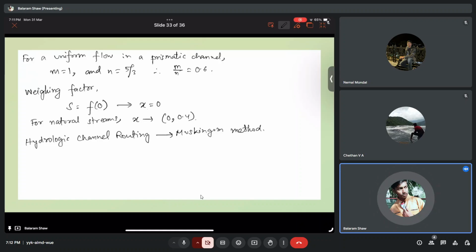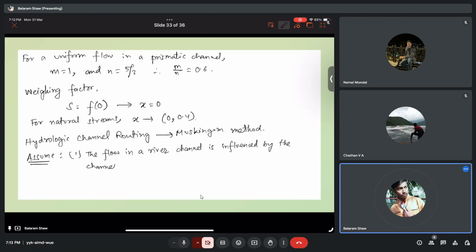In the Muskingum method, we assume that the flow in a river channel is influenced by the channel storage, the inflow hydrograph and the outflow hydrograph.